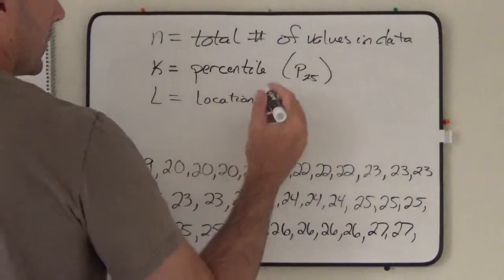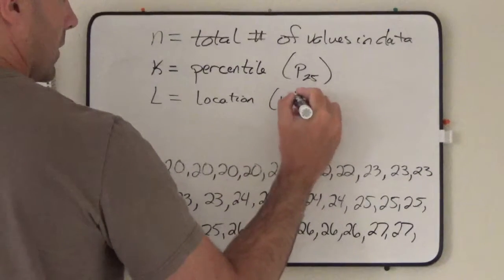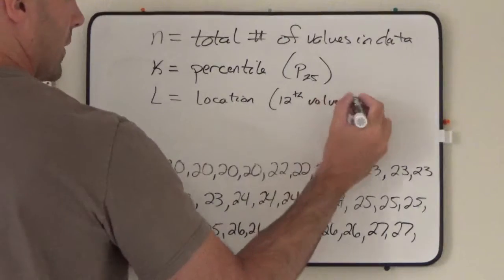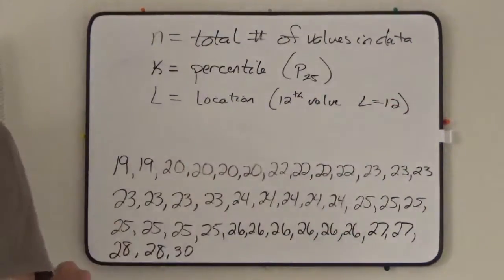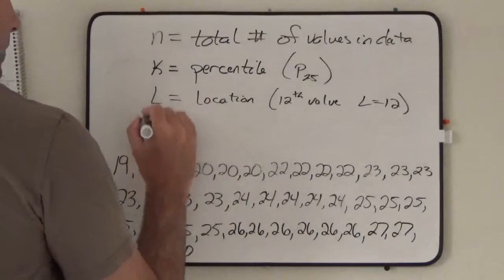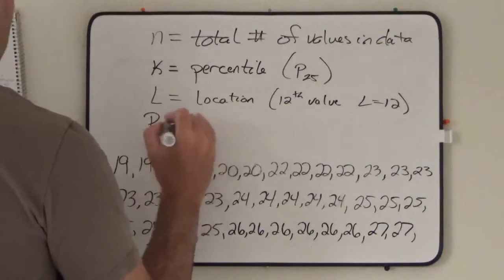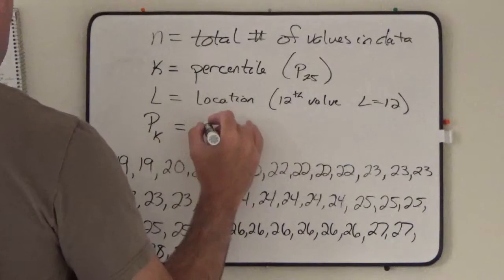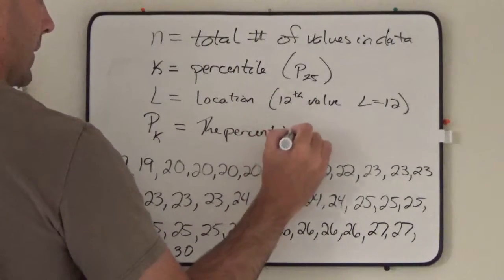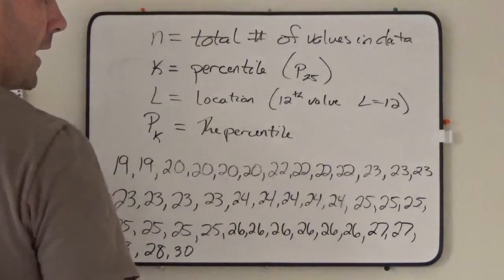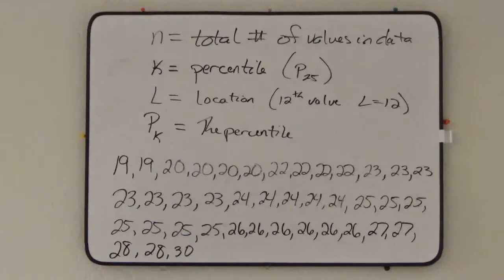So the 12th value means that L is going to be 12. Okay, the 12th value, 12 over, that's the 12th value. P with a little k, this would be the percentile. That's here, P25, 25th percentile, or 50th percentile, P50, or whatever it might be, okay? So that's just a little bit for us to understand that.